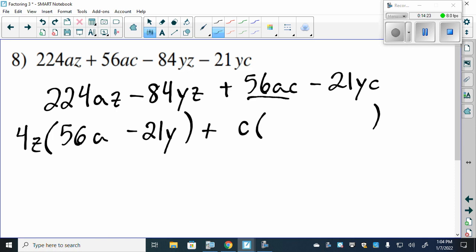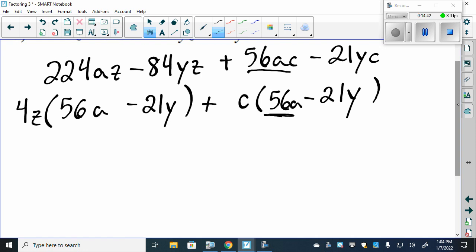I need it to be minus, because I need the two sets of parentheses to be the exact same. Now, there is a greatest common factor that we can pull out here in a minute, but for us to be able to do the next step, I need both of these sets of parentheses here to be the same, because if they're not the same, then we can't factor it out.